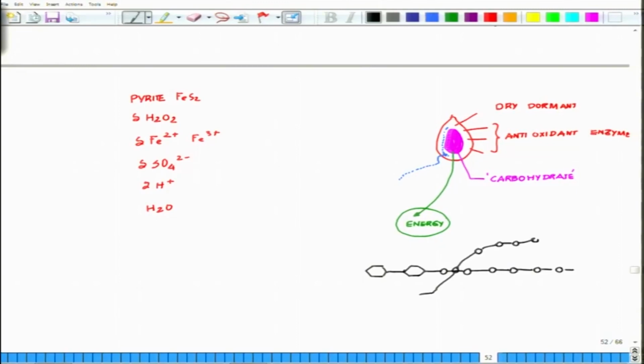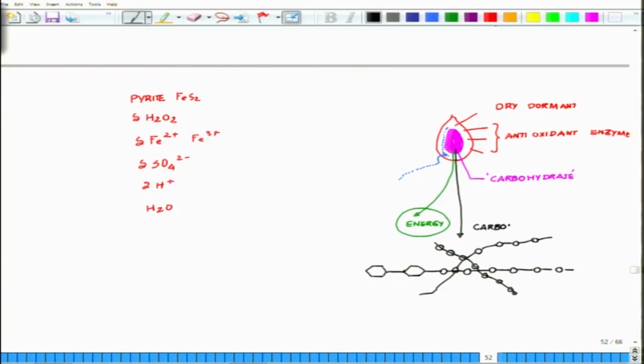So, these are crisscross long chains like this, and this is what starch and all these molecules are. So this is essentially a big carbohydrate molecule.